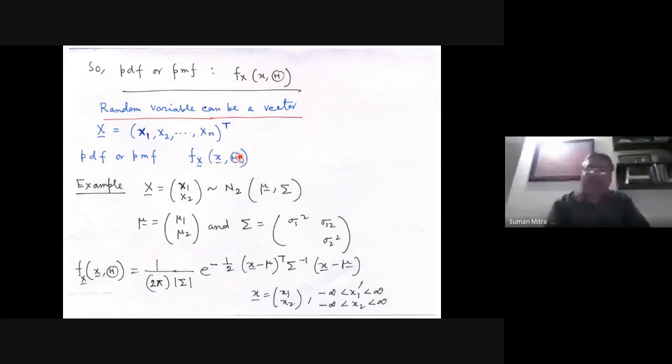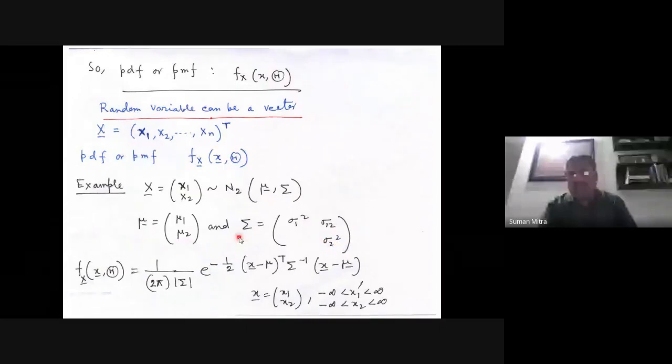Again, theta over here is the parameter set of this distribution. So again, example is that we have x, which is (x1, x2), follows a bivariate Gaussian with mean vector mu, variance covariance matrix sigma. So we have mu equal to (mu1, mu2), and sigma equal to [sigma 1 square, sigma 12; sigma 12, sigma 2 square], which is a symmetric matrix.